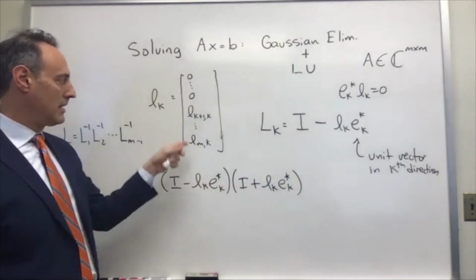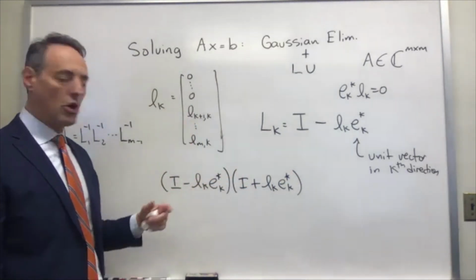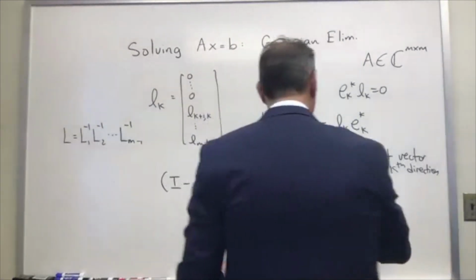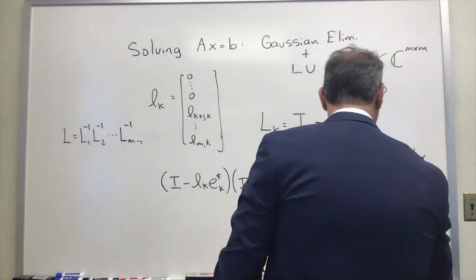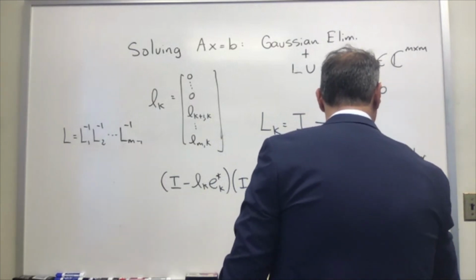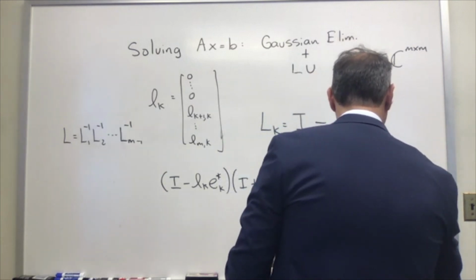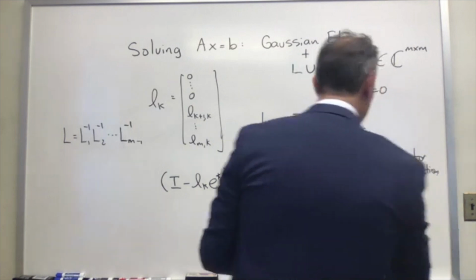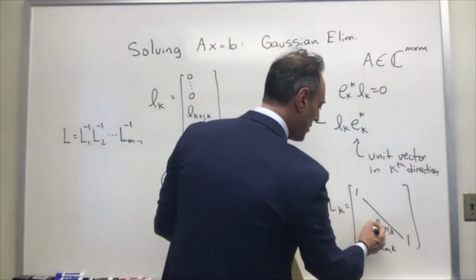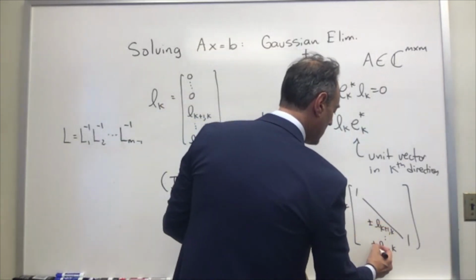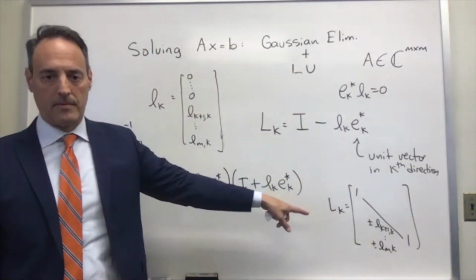Instead of minus of this guy, I add plus of this guy. This L of k looks like this: 1's on the diagonal, and then L of k plus 1, k to L of m, k. This one has a minus sign. This one has a plus sign. It's the same matrix, just with a sign flip.